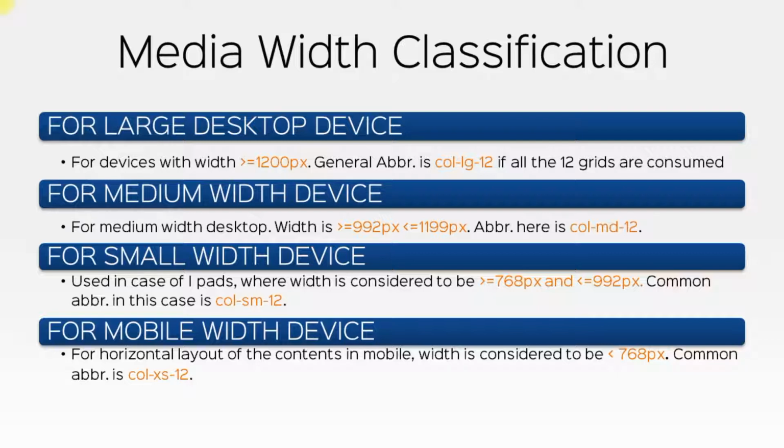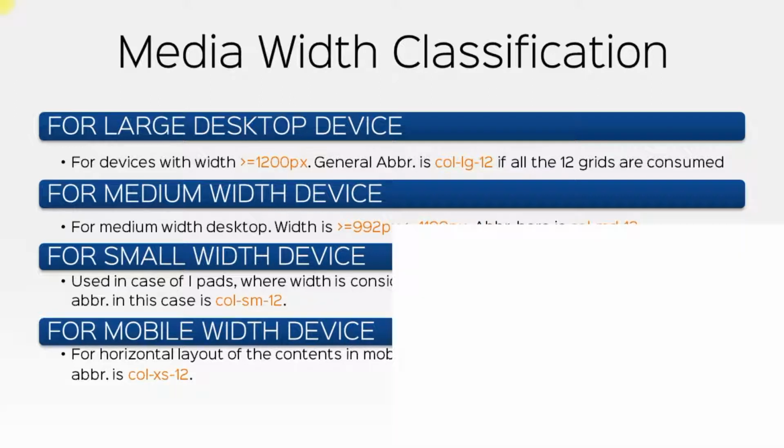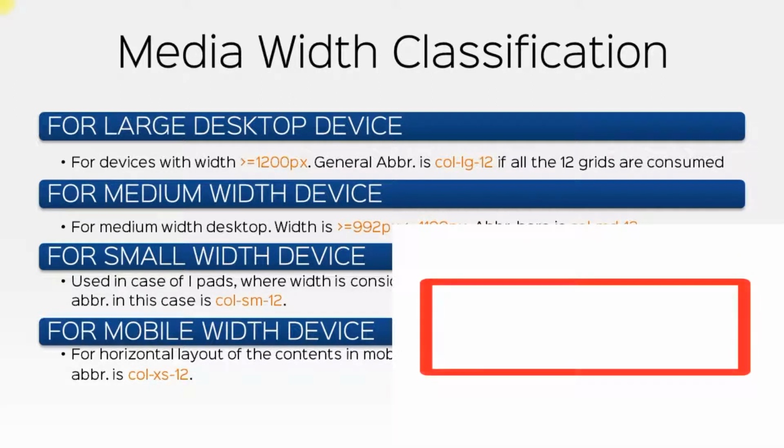It will be referred to as the class name col-sm-12. That means up to this part, for small width devices, it is going to align your contents horizontally side by side without stacking them down, and this will happen down to 768 pixels. This is the minimum definition that it will be using.